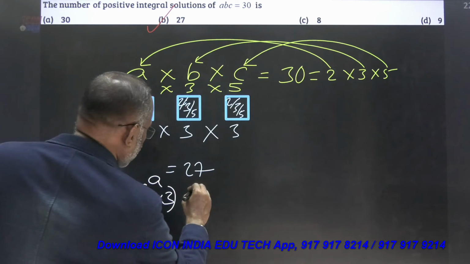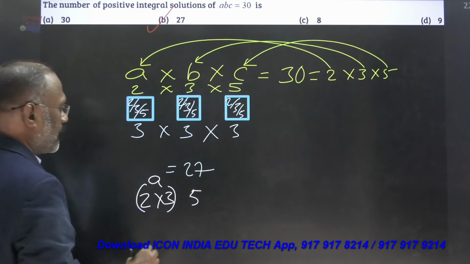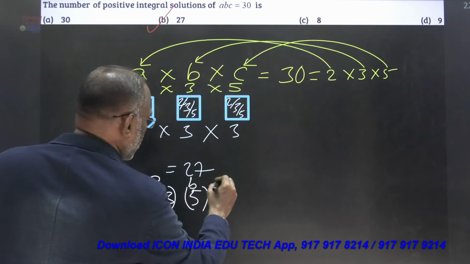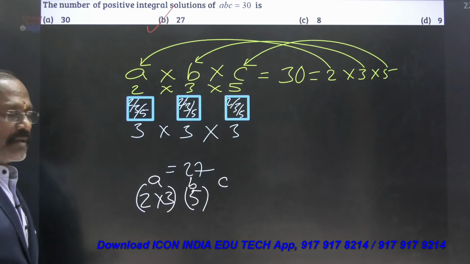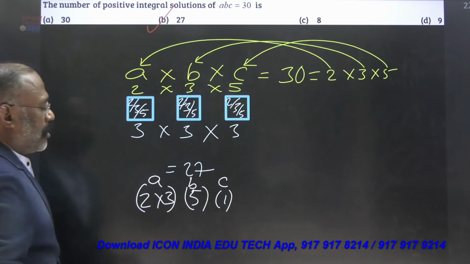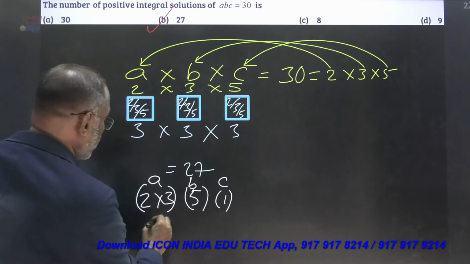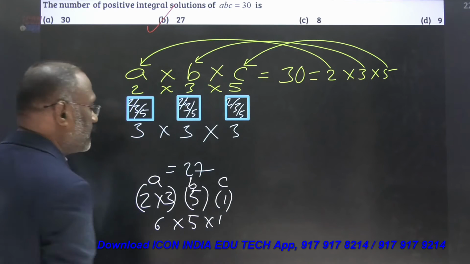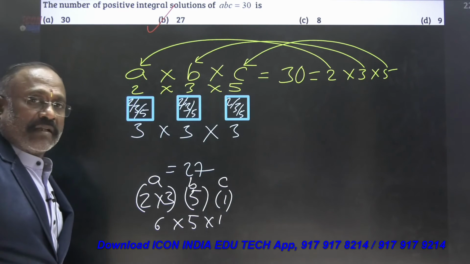And the third blank place I filled with 5. That is B. And the second blank place with 5, and the third blank place none. That is 1. So what is the combination then? You will have 6 into 5 into 1 as one combination. This is what you have to understand.